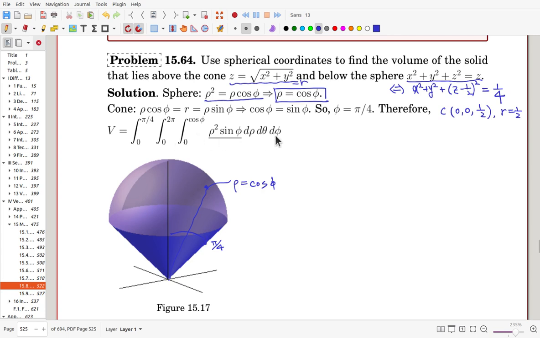Phi from 0 to pi over 4, we found here, and theta whole circulation from 0 to 2 pi, and rho is from 0 to the maximum, cosine phi, right? So we access the domain in this way, and the original integrand is 1 because we try to find the volume, and this one is a scaling factor, and the integration order is rho, theta, phi, right?